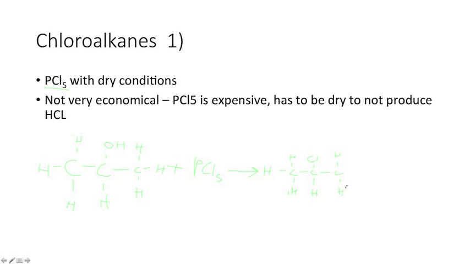And then also we will have produced POCl3, and more importantly though, we will have HCl, which allows this to be shown. So this will show us steamy fumes of HCl, and then also if you tested this with litmus paper, it would react as an acid, because obviously you've got hydrogen chloride.